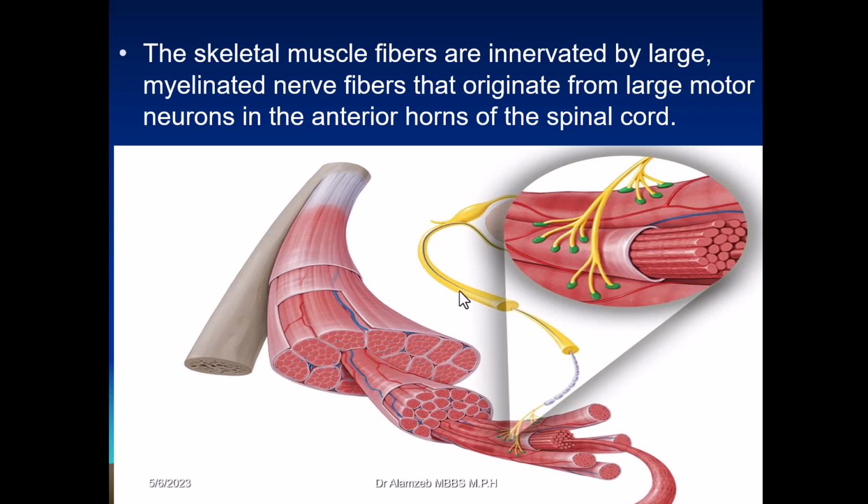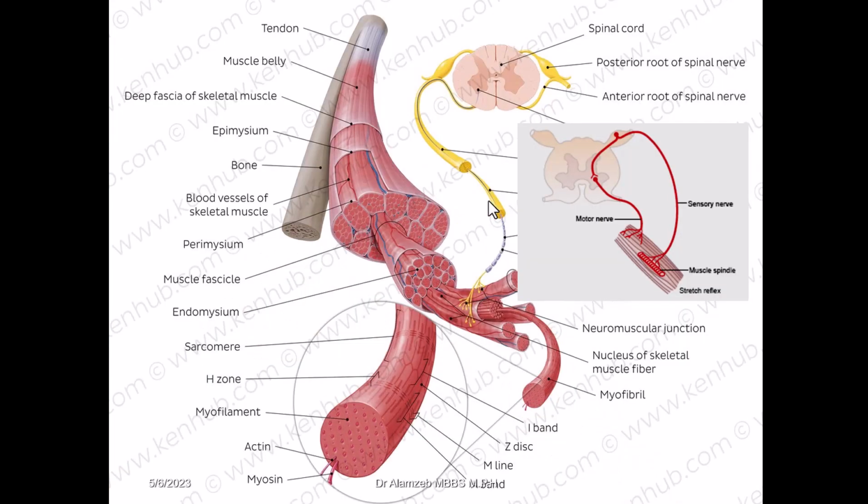This is a large motor nerve, and its terminal fiber, the axon terminal, supplies the muscle fiber. These are the muscle fibers which are innervated by the motor neuron. Here you can see this is the dorsal motor neuron and this is the ventral motor neuron, and these fibers originate from the ventral motor neuron and then supply the muscle fiber.